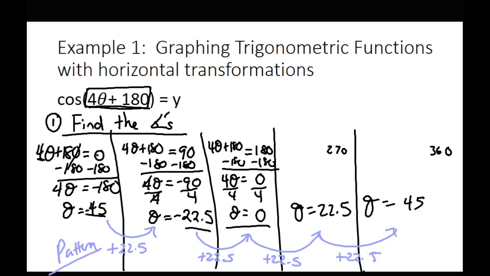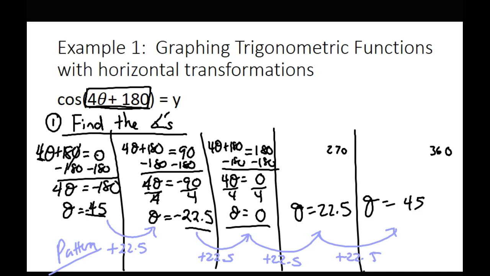So really all you have to do is find the first two, and hopefully if you got the first two right, you can just use that pattern to find the rest. It's a good idea to maybe do the first three to make sure your pattern's right. So what I have now is I had to work for something that was just memorized before. We always started off with 0, 90, 180, 270, 360, but now because of those horizontal transformations, that's a game changer.